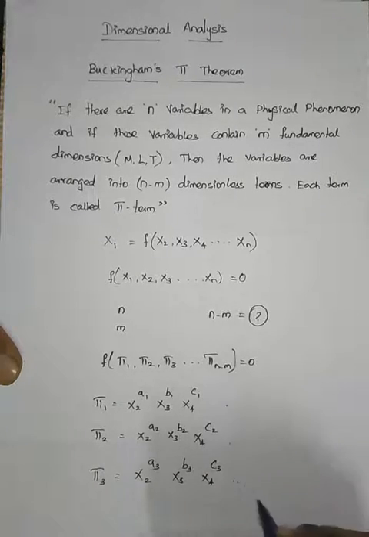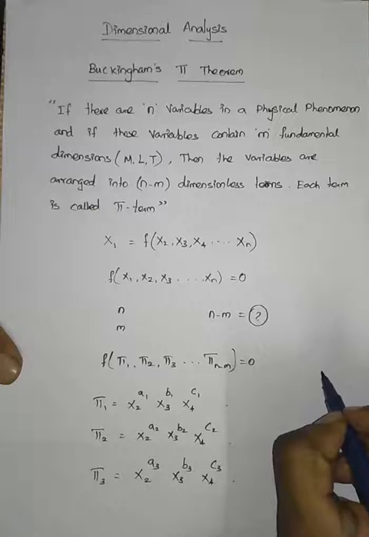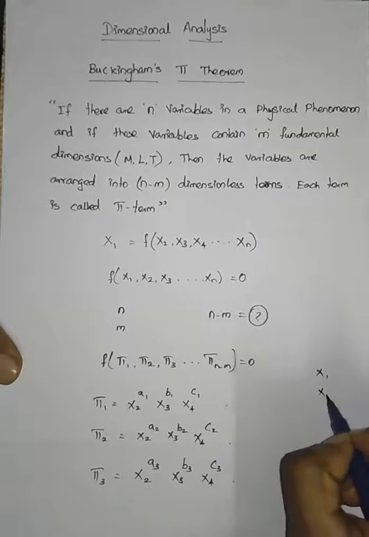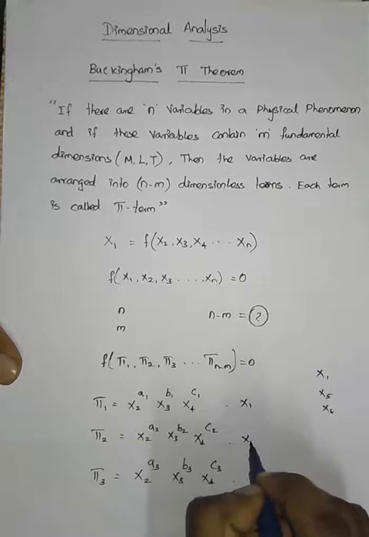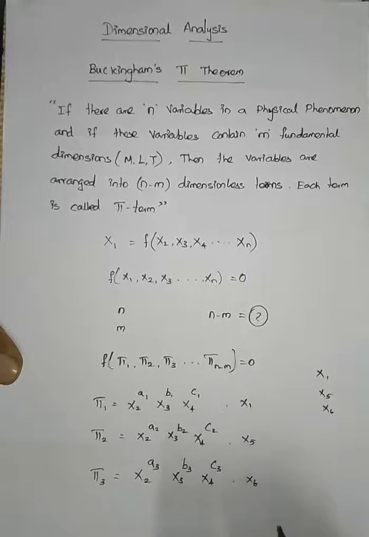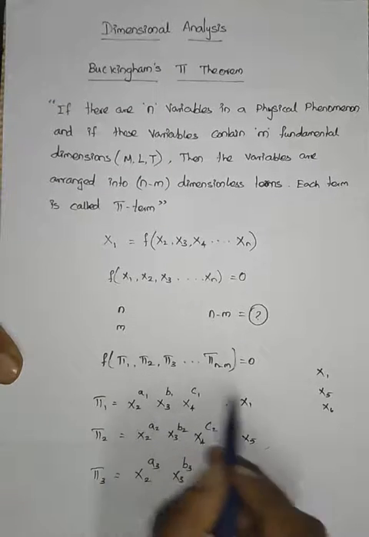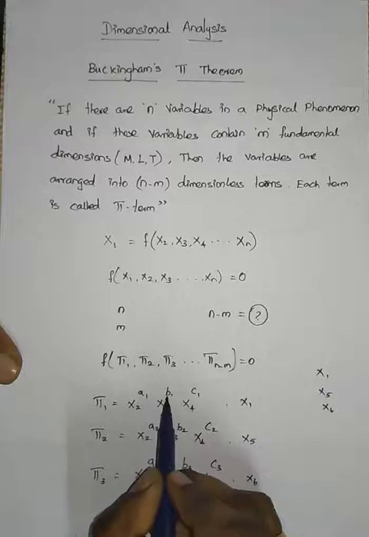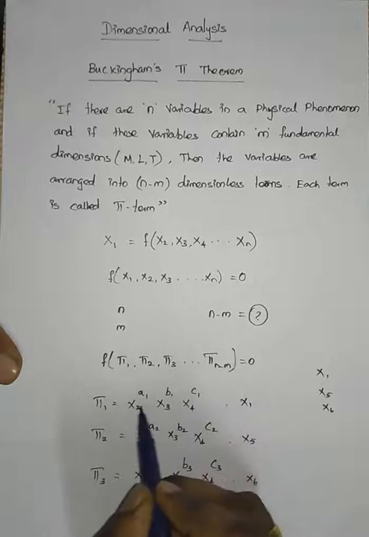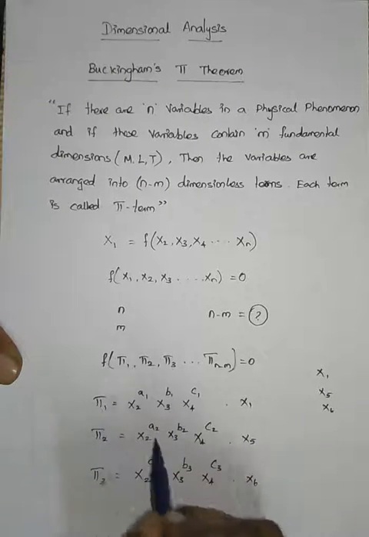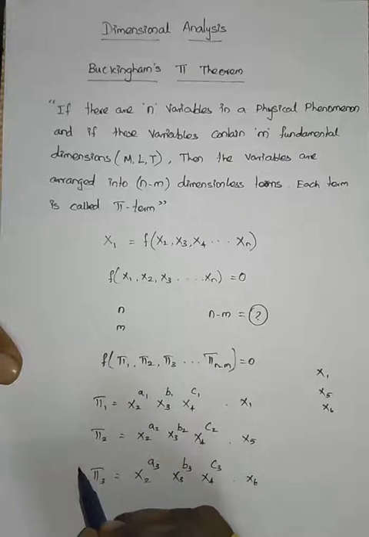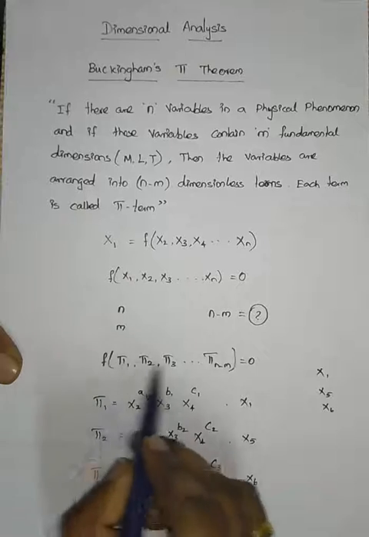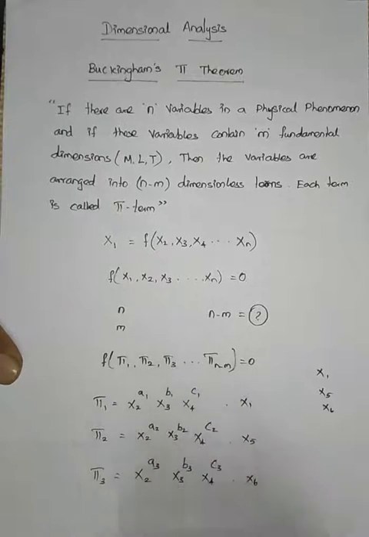Then the remaining variables like x1, x5, x6 have to be put here. Now, similar to the Rayleigh method, you have to solve this equation and find the values of a1, b1, c1. Substitute them here and you can find the pi 1 term. Similarly, you can find the pi 2 term and pi 3 term. Then substitute all these pi 1, pi 2, pi 3 terms here, and you will get the final equation.